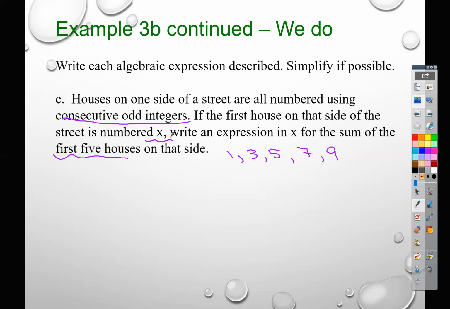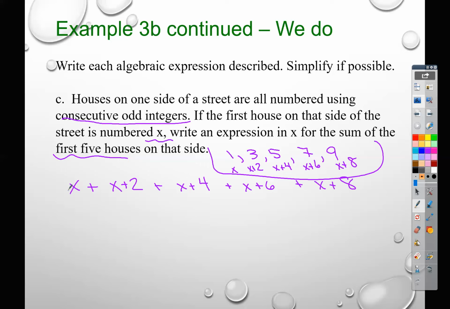So if I let number 1 be x, then 3 would be x plus 2. 5 would be x plus 4. 7 would be x plus 6. And 9 would be x plus 8. So we're adding all of those up. So my first house, the second house, the third house, the fourth house, and the fifth house.